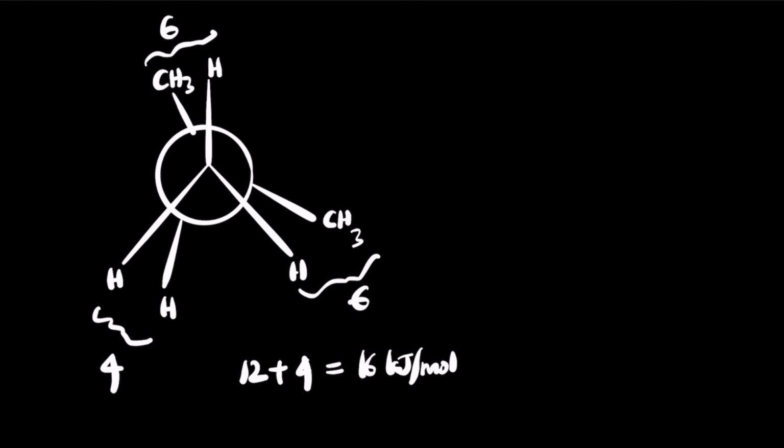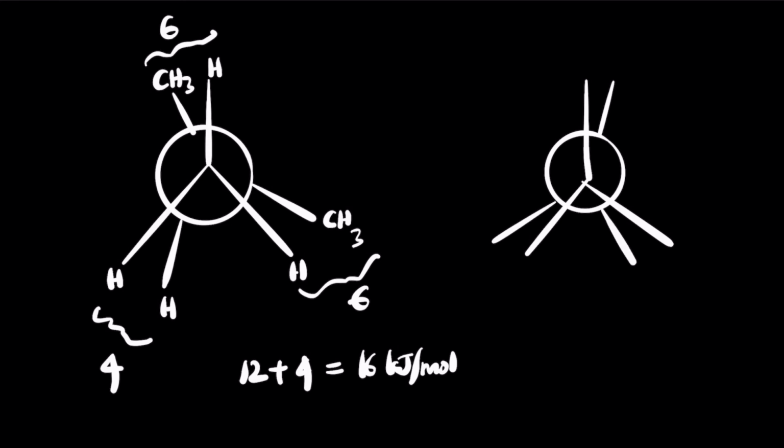The other conformation that you would get would be the one that's most unstable, where you would have two CH3s right next to each other, H-H and H-H.